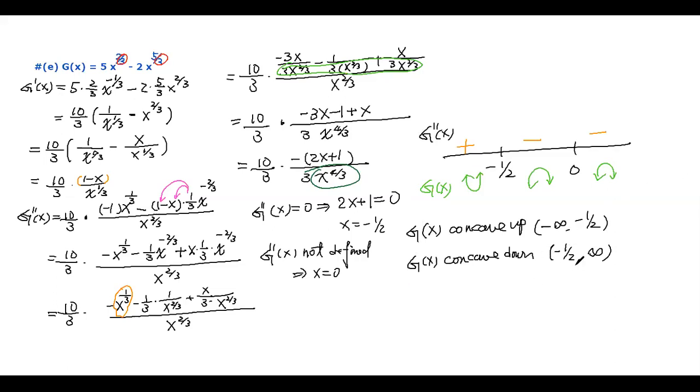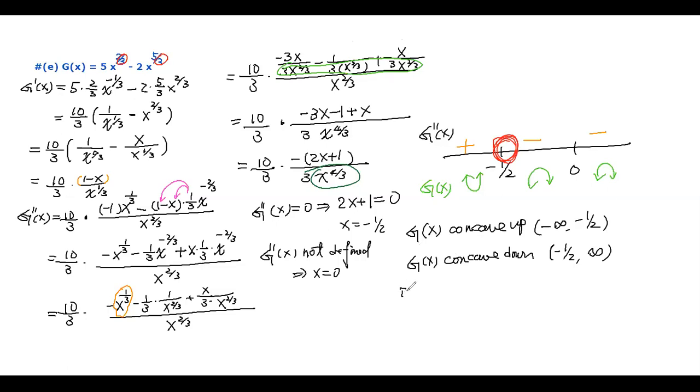So here you don't need to write negative 1/2 to 0 and 0 to infinity, because the 0 here is continuous. So I don't need to break it into two different intervals. Then the only inflection point is x equals negative 1/2, because the concavity changes here.